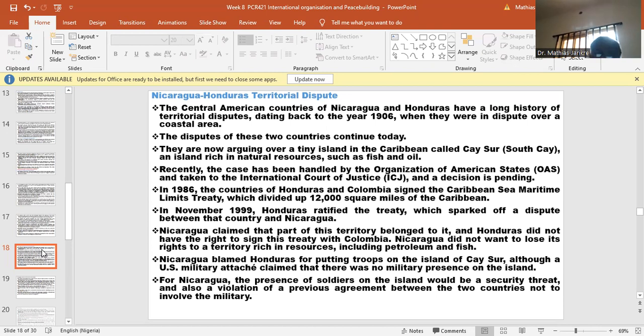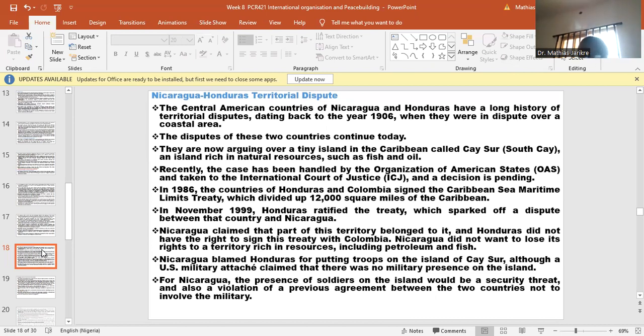Nicaragua claims that part of the territory belonged to it, and Honduras did not have the right to sign over this territory to Colombia. Nicaragua did not want to lose its rights to a territory which is rich in resources, including petroleum and fish. Nicaragua blamed Honduras for putting troops on the island, although a U.S. military attaché claimed that there was no military presence on the island.